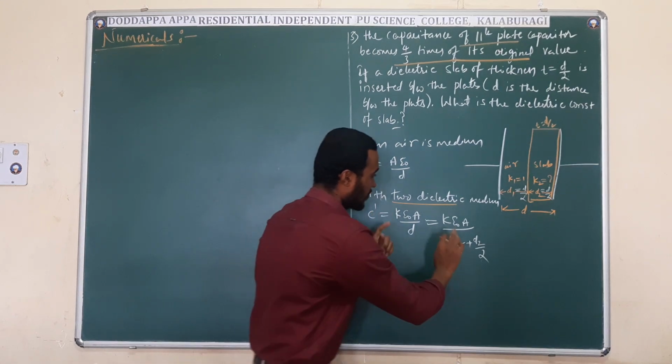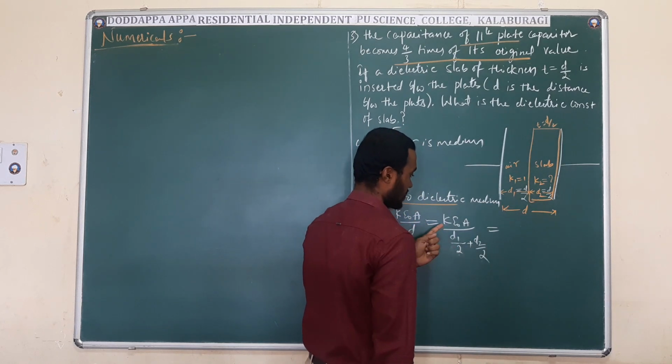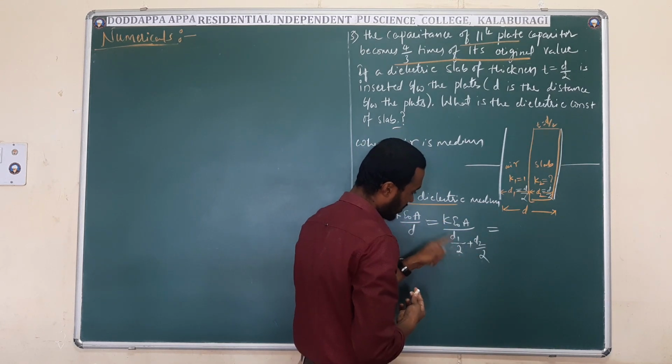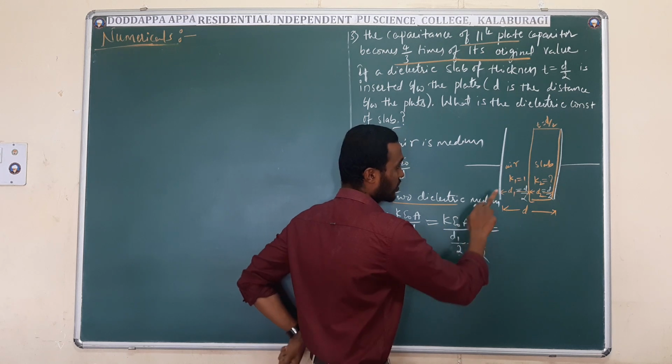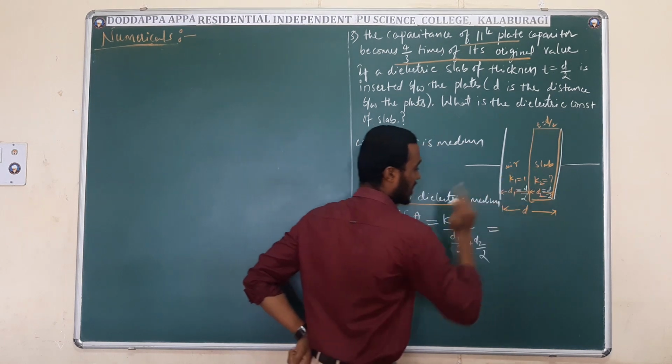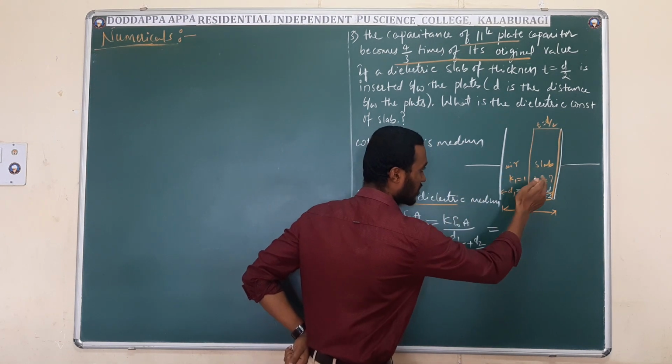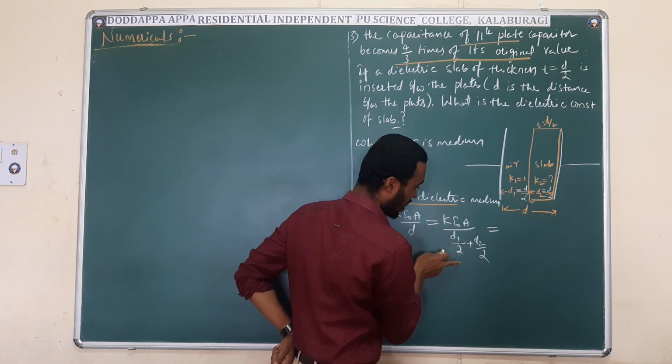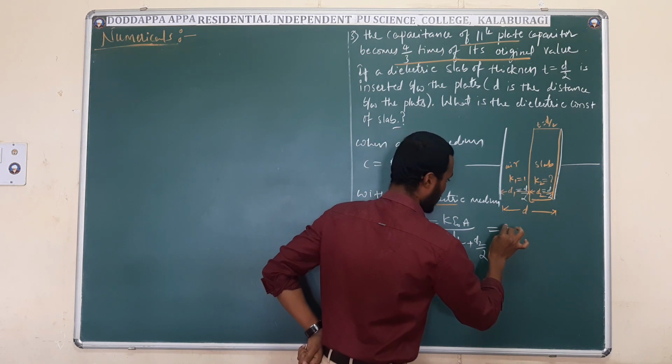And again this formula I can also write with K below, because here we have K1 and K2, two mediums. So as per the figure, I will send this K below.